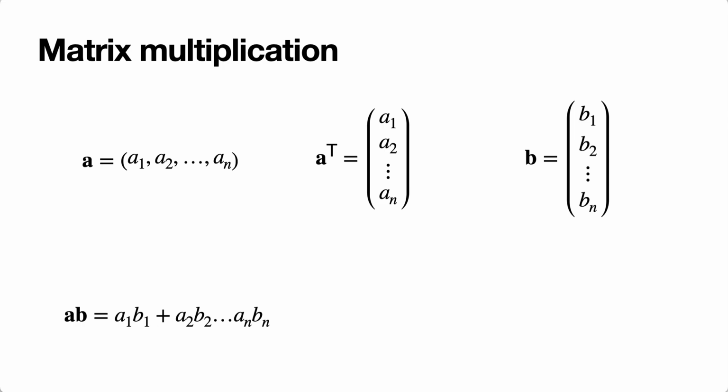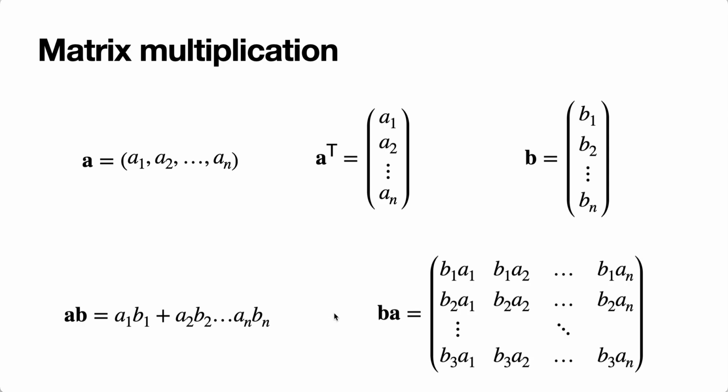In general, matrix multiplication is not commutative. We can't say AB is equal to BA, because in situations like this, for BA, B is going to determine the number of rows, and there are going to be n rows. And A is going to determine the number of columns, and there's going to be n columns.